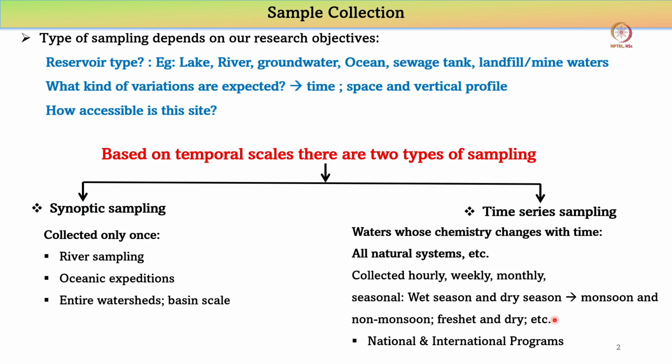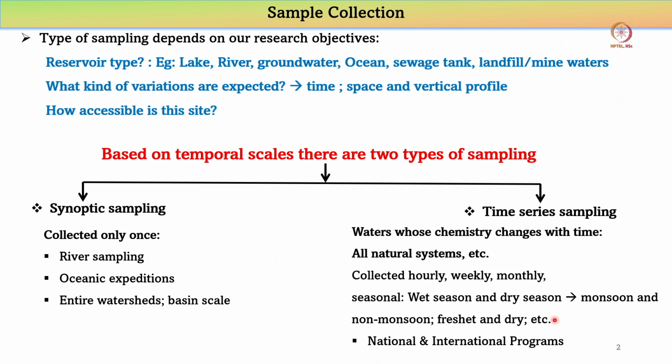They will take the expedition which will follow a particular route, and they will visit all those locations. They will collect the sample once and they will return back. Doing the same trip over and over again is never feasible. So oceanic expeditions and polar expeditions are mostly of synoptic type.